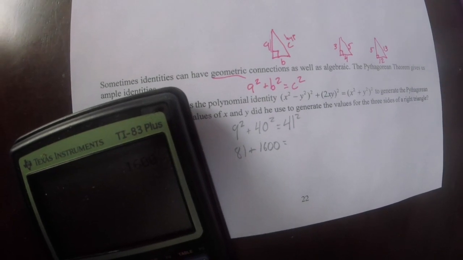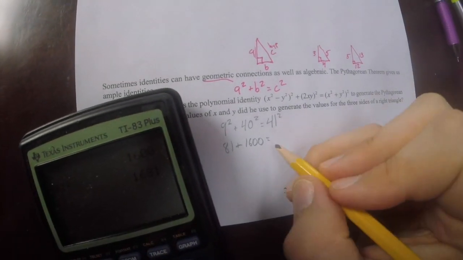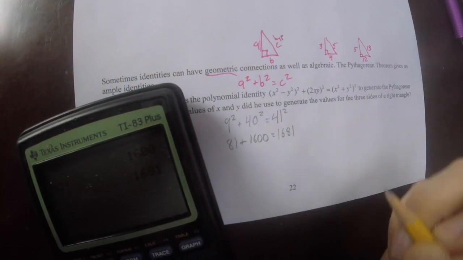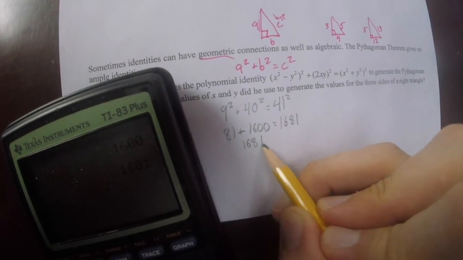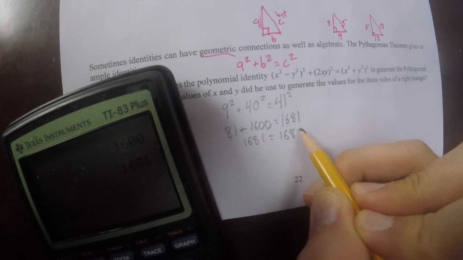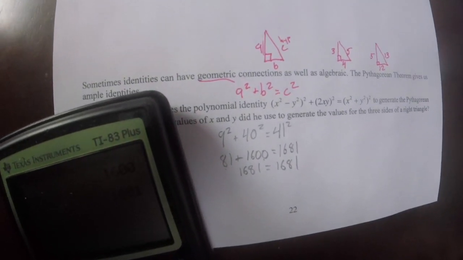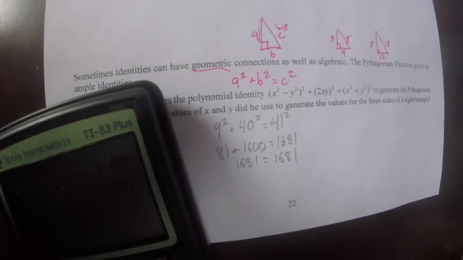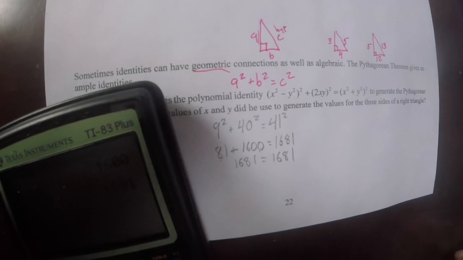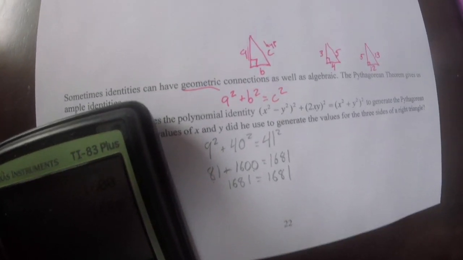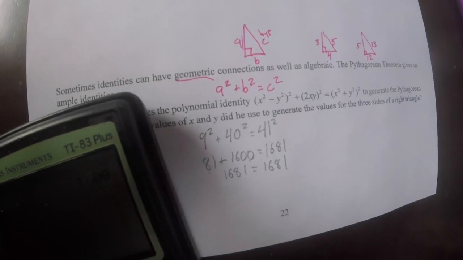And 41 squared is 1681. And guess what? When you add this side, you figure out that, oh, this makes sense. Okay? So 9, 40, and 41 can be the three sides of a right triangle.